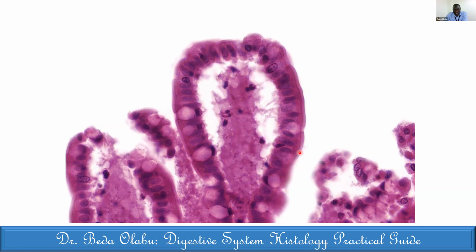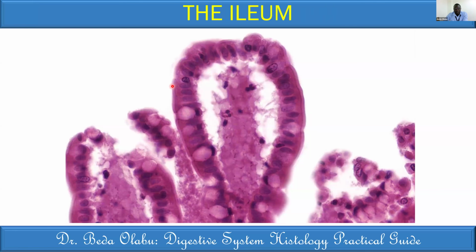I want you to pick that railway track appearance on the surface of the villus, and that's the brush border, telling us that these are microvilli. So the enterocytes have microvilli on their surface. We can see another one there. All right, so this is the ileum, basically.